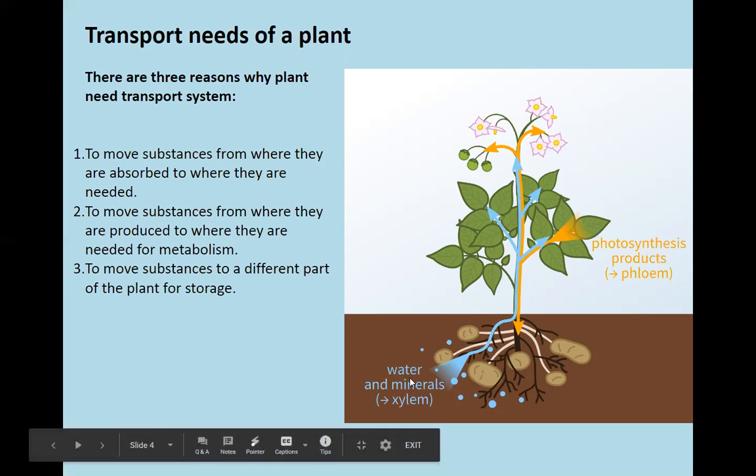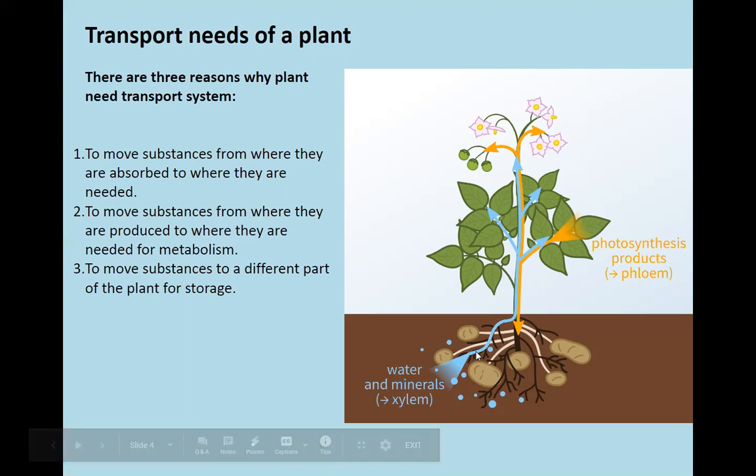So water and minerals are absorbed from the root into the xylem vessel, and through the xylem vessel they will move to all the parts of the leaf, or to the stem too. Then the second reason is to move the substances from where they are produced to where they are needed for metabolism.